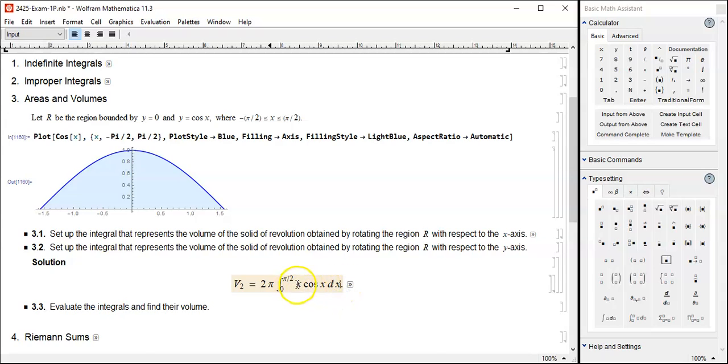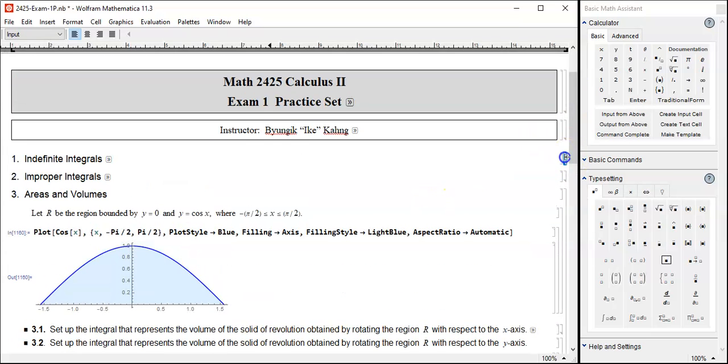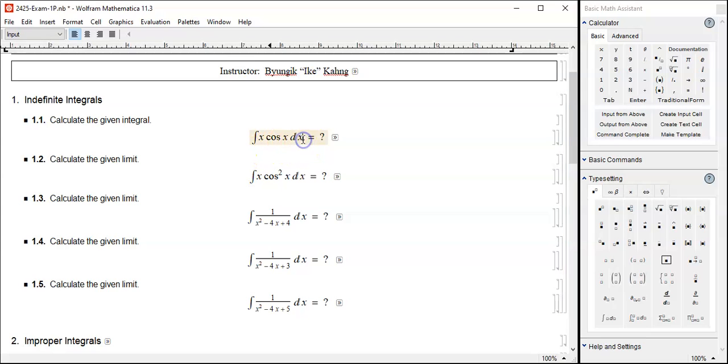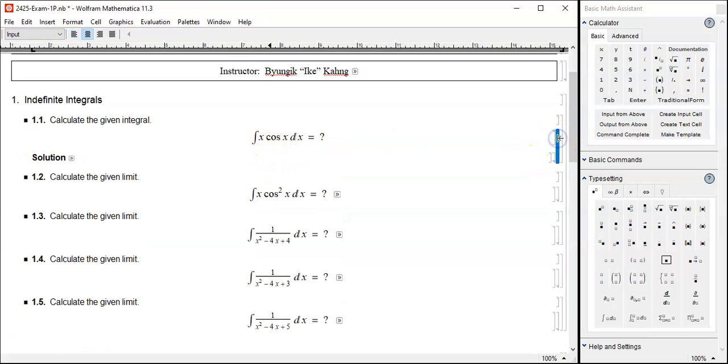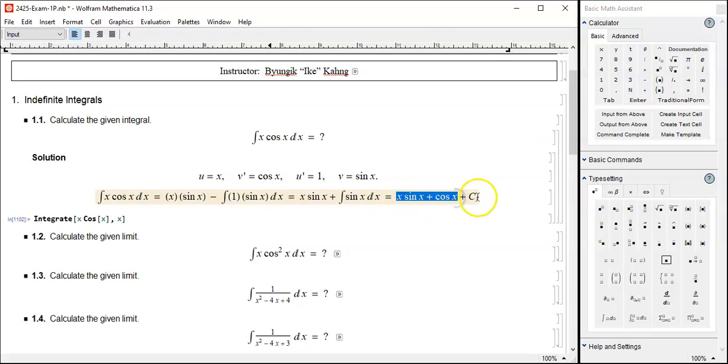Okay, and then as far as this integral is concerned, it's just a really standard integration by parts problem, I guess. And have you done this before? Well, we have it right here, and the antiderivative turned out to be this. Remember this. It's integration by parts.